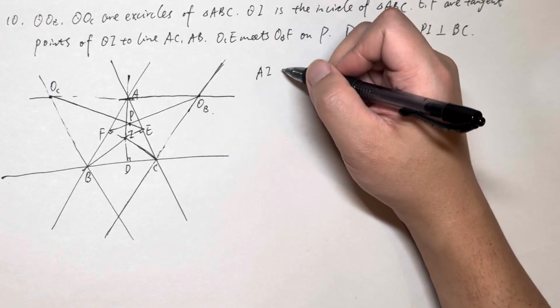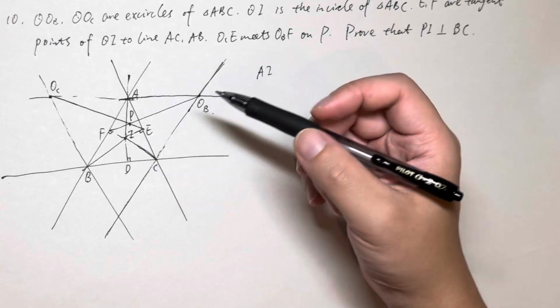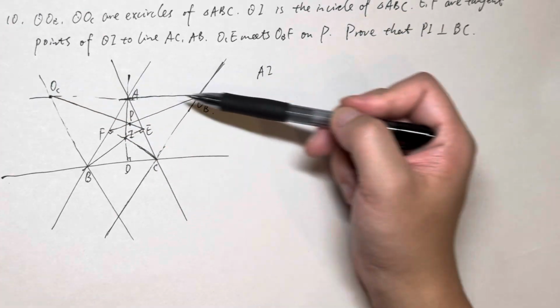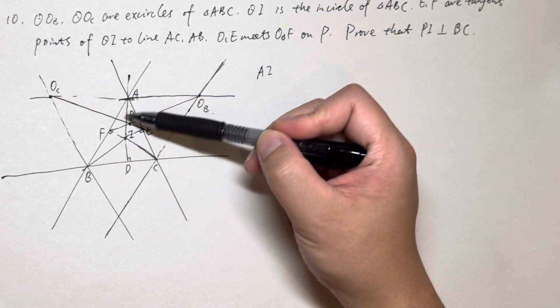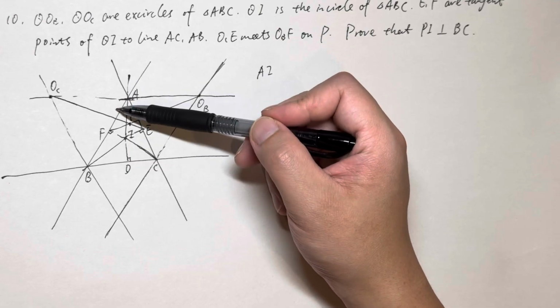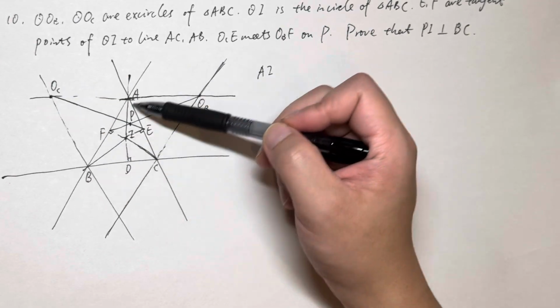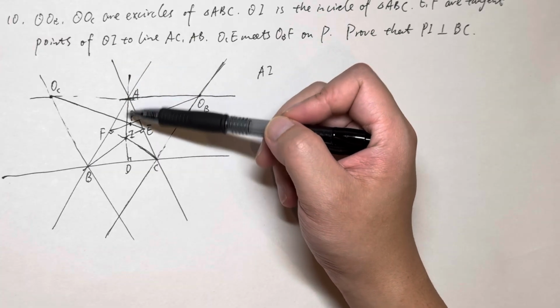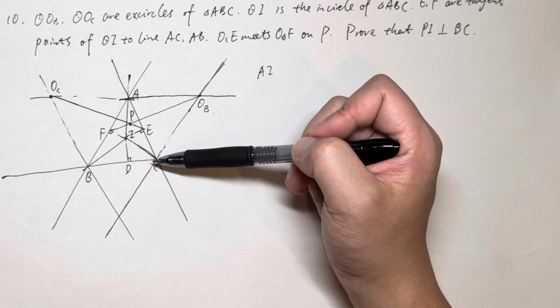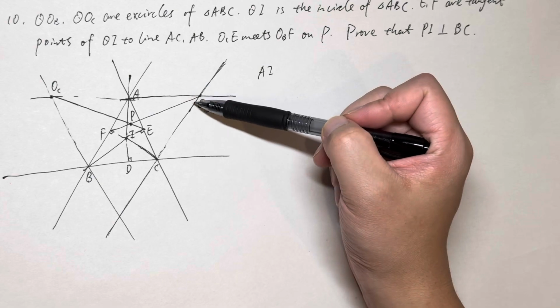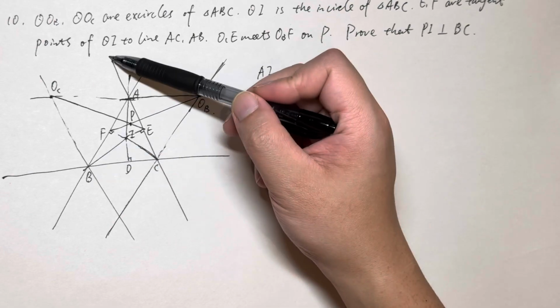And also we know that OCOB is the angle bisector of the external angle of the angle BAC. So we know that OCOB is the angle bisector of the external angle, right?